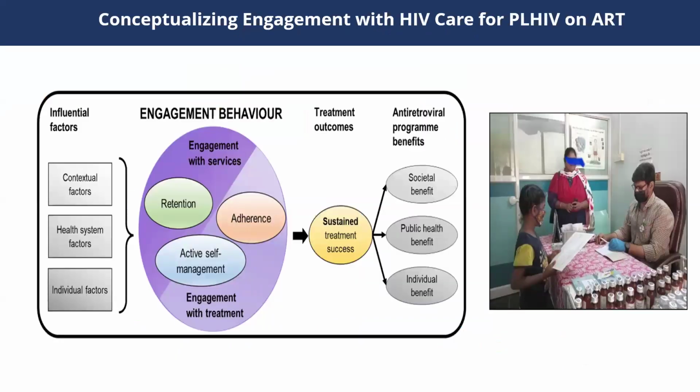This is again conceptualizing engagement with HIV care. What I want you to take away from this slide is that not all patients will behave equally or respond equally to taking antiretroviral therapy. It depends on how much they understand, how self-motivated they are, and how well they retain the knowledge you have given.